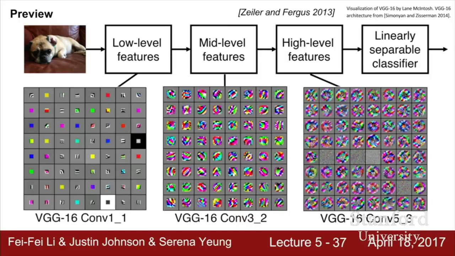And at higher levels, you're going to get things that are starting to more resemble concepts. We'll go into more detail later in the class on how you can actually visualize all these features and interpret what kinds of features your network is learning. But the important thing for now is just to understand that what these features end up being, when you have a whole stack of these, is these types of simple to more complex features.